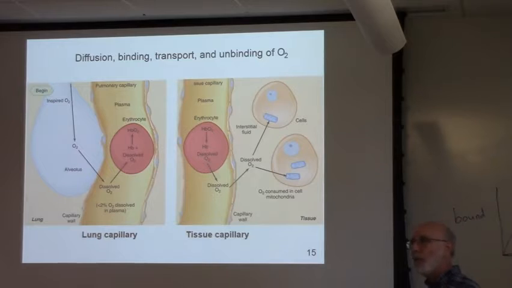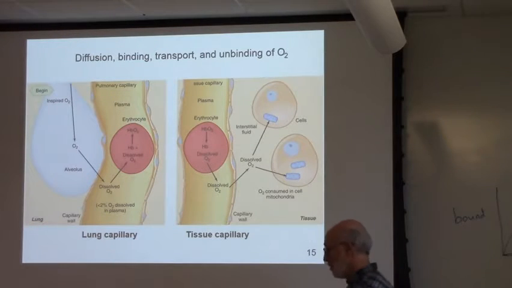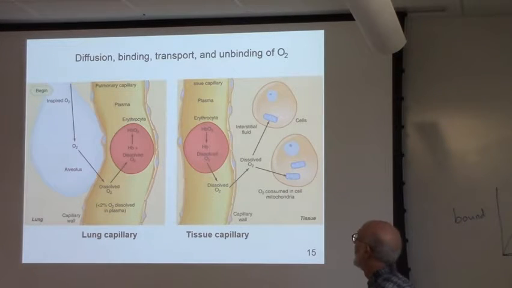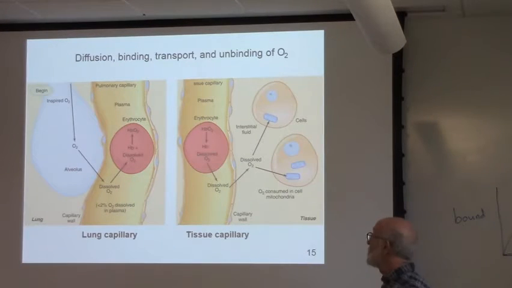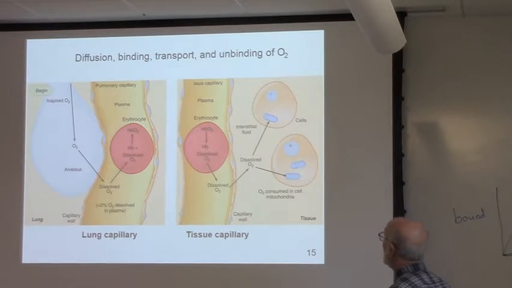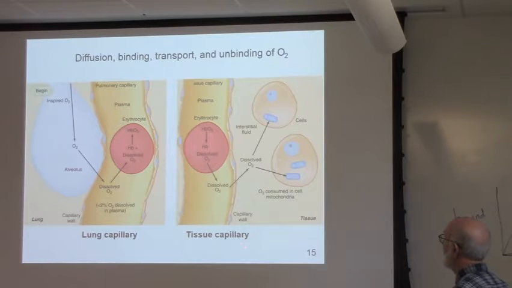Let's talk about how your body carries oxygen. Here is a cartoon from your textbook that describes the movement of oxygen in the lung capillary and the movement of oxygen in the tissue capillary. Notice here we have an alveolus, and here we have cells that are consuming oxygen. So this is in the lung, here's in the tissues.